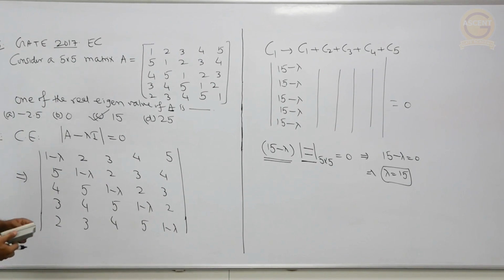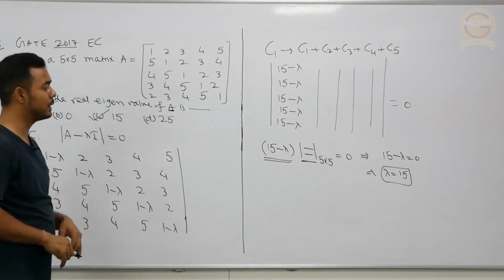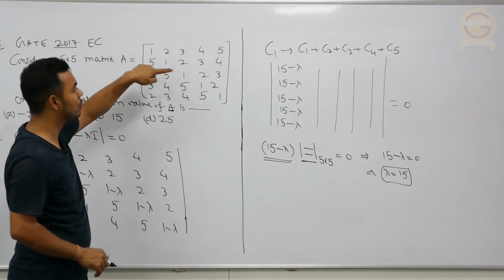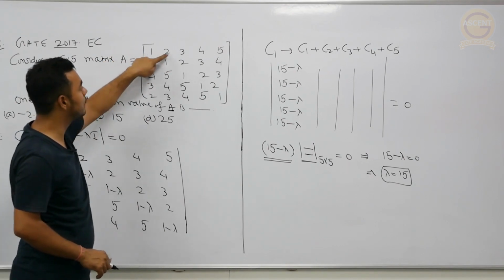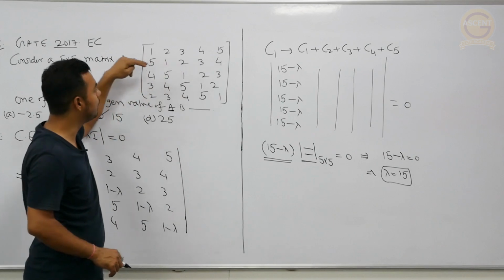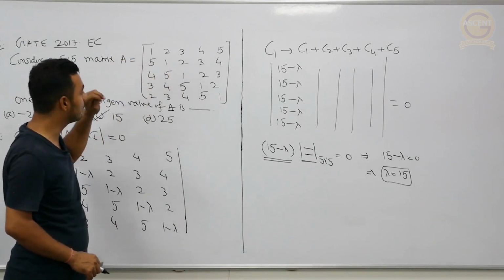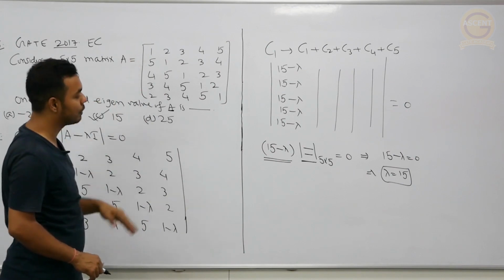Now from here you can derive one very important conclusion. See, this 15 is nothing but the sum of all the elements in a row or column: 1 plus 2 plus 3 plus 4 plus 5, 15. Similarly, you can see that the sum of all the elements of the second, third, fourth and fifth rows is also 15.